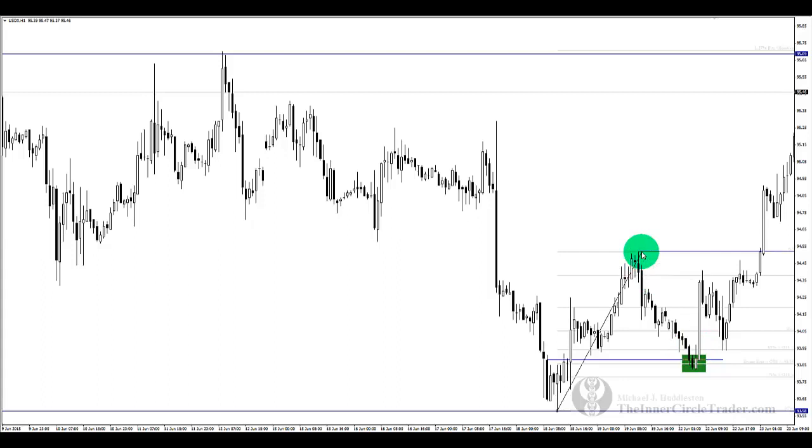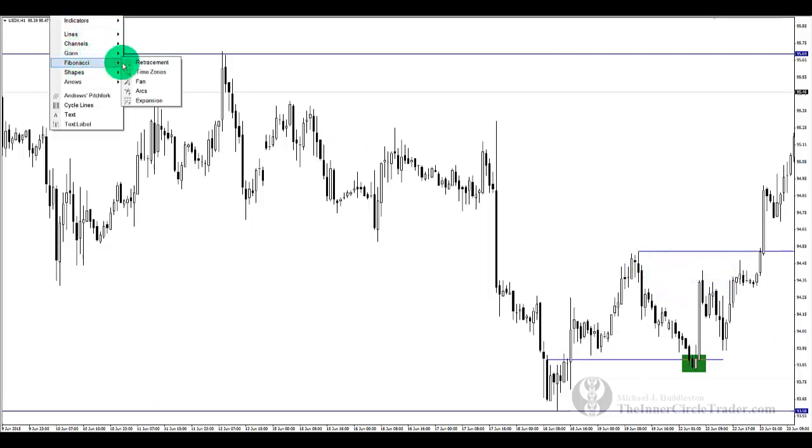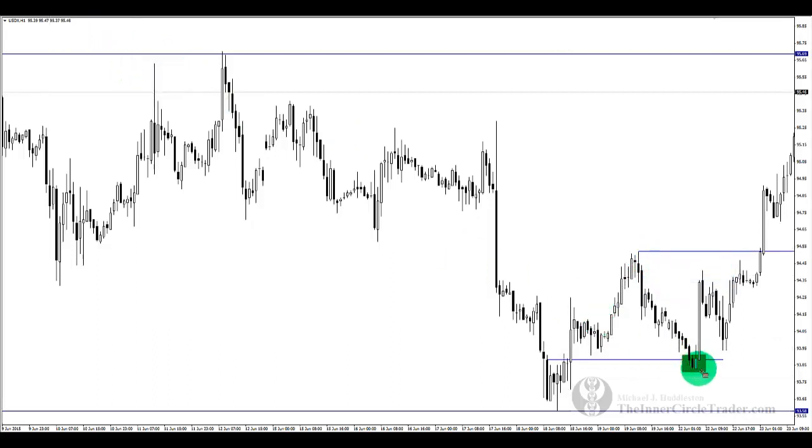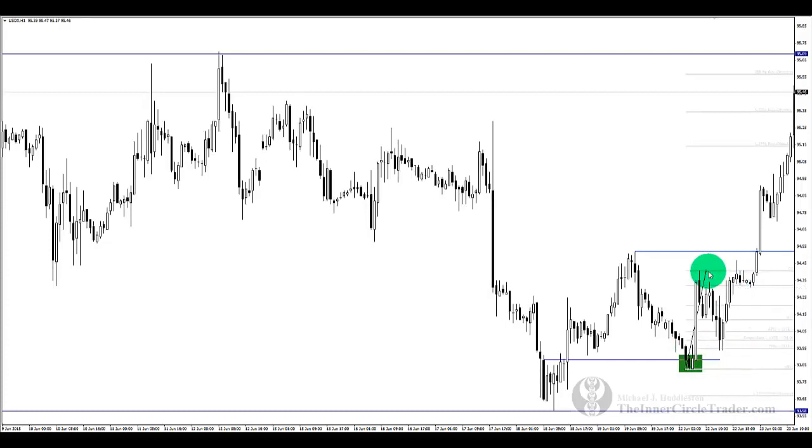You can take the fib right here from the low up to the high right here, and you'll get 79 retracement level in here, back to an order block, and rallies off again. That's what you saw in earlier works as it relates to ICT in my teachings.